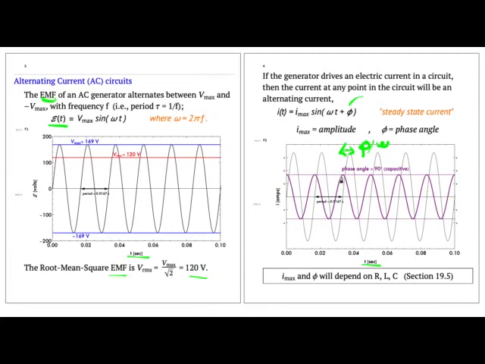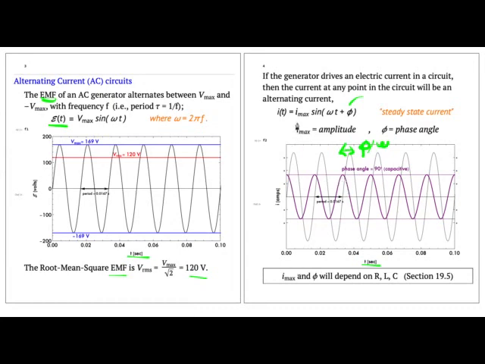So we could say the voltage is sort of lagging behind the current. Where the voltage reaches its maximum value, the current has not quite reached the maximum value yet.